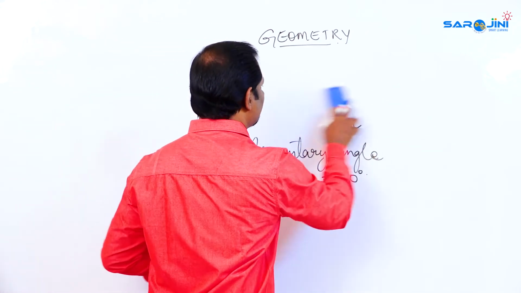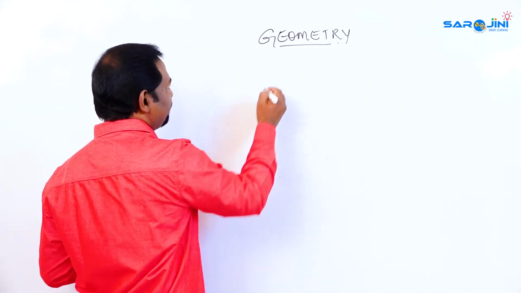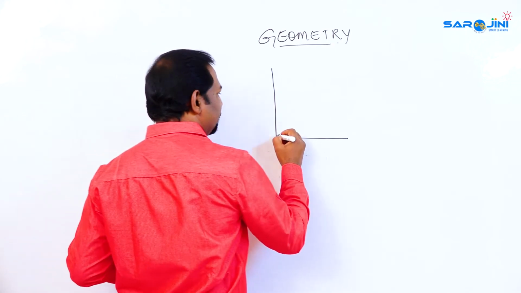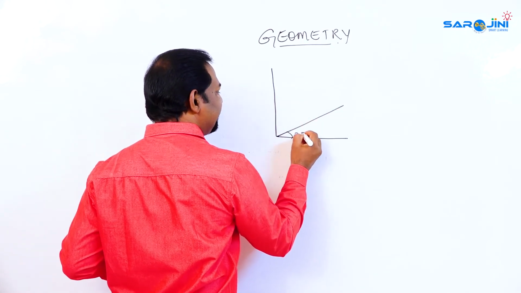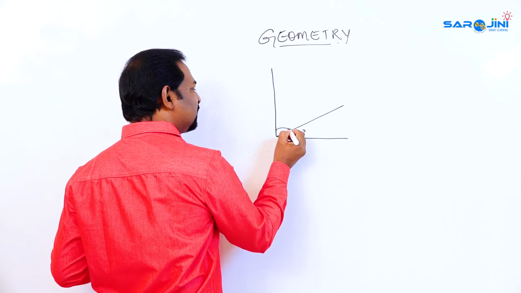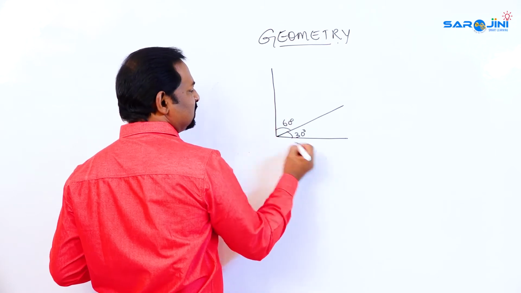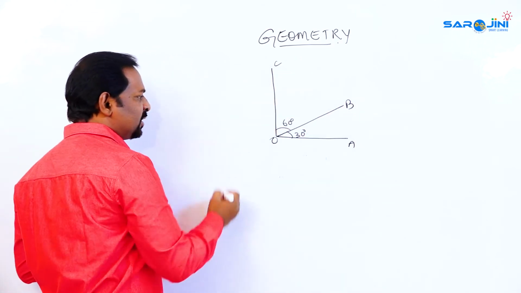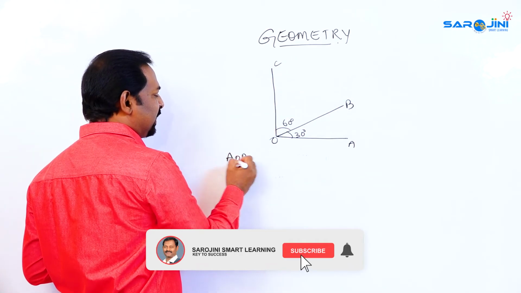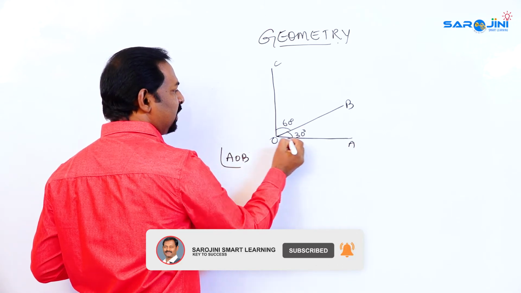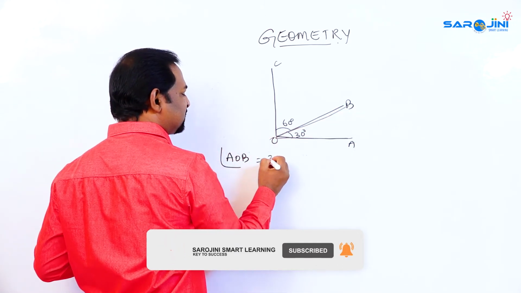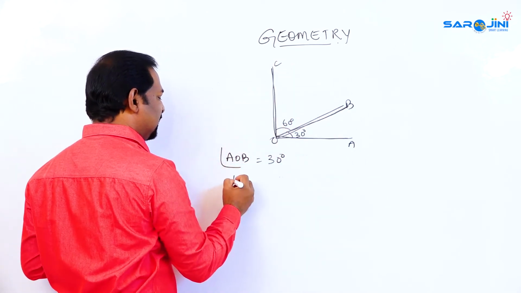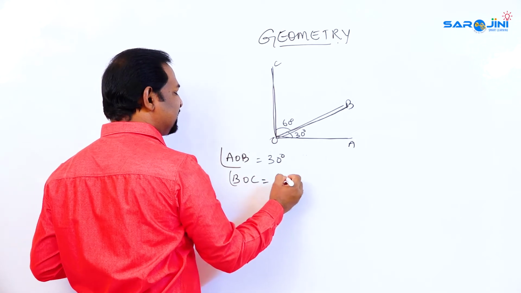As I told, suppose I take a right angle triangle, here it is 30 degrees, say, and here it is 60 degrees. Suppose these are O, A, B and C. Here angle AOB is 30 degrees and angle BOC is equal to 60 degrees.